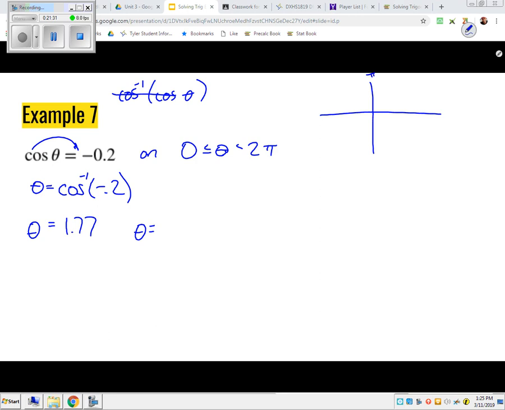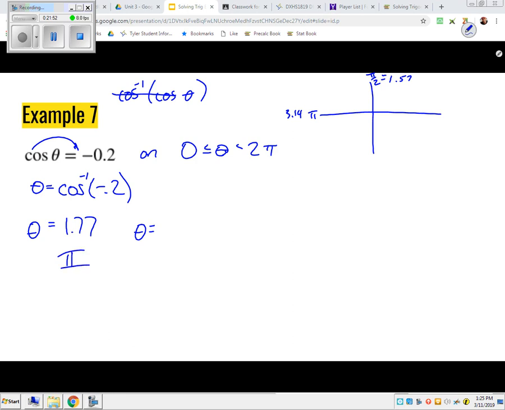This is pi over 2, and this is what? Pi. What is pi? 3.14. Okay, so it's not in the third quadrant, right? So it is less than 3.14. And half of that would be 1.57. So this had to come from the second quadrant, right?